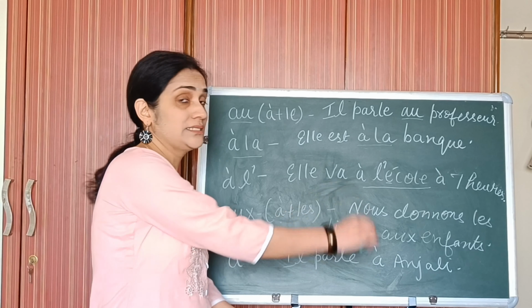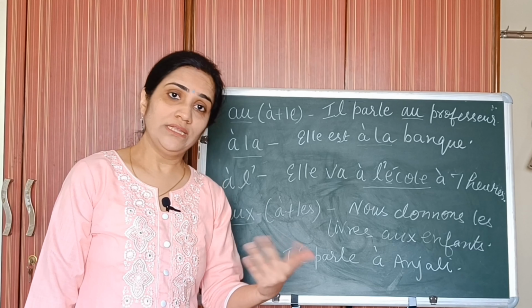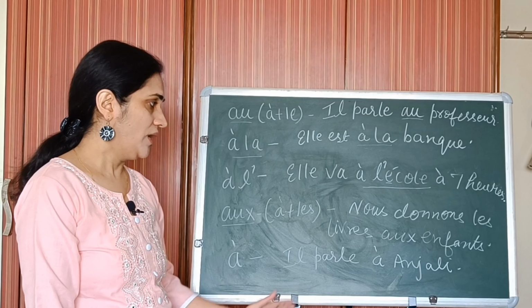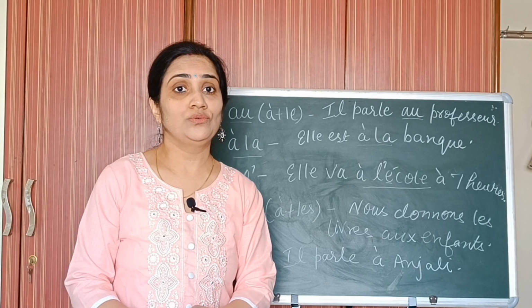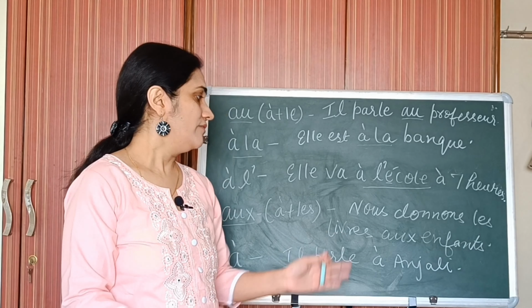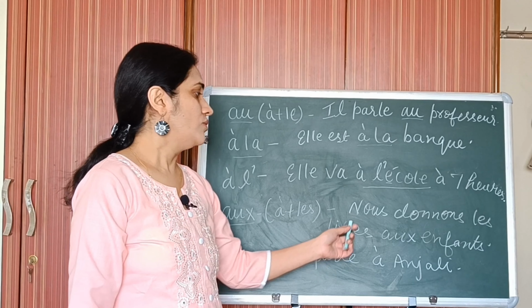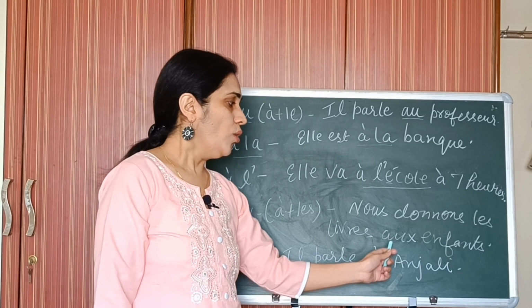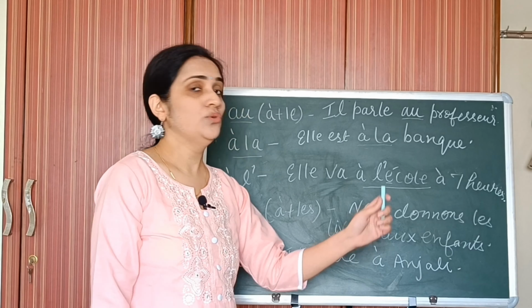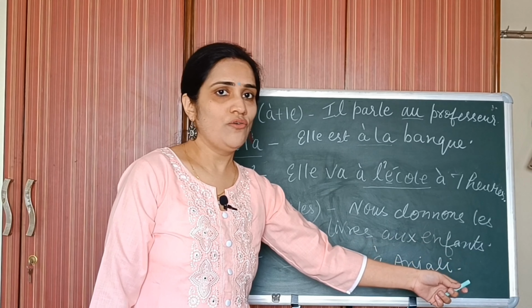Now the les is suggesting that you have to use this word with the plural noun, either masculine or feminine. So now the sentence goes, we give the books to the kids. Nous donnons les livres aux enfants. Nous donnons, we give, les livres, the books, aux enfants.